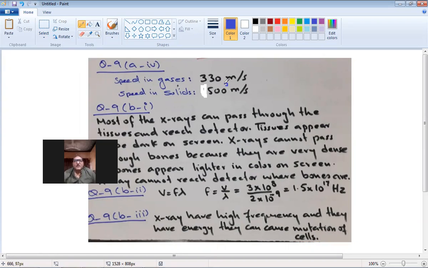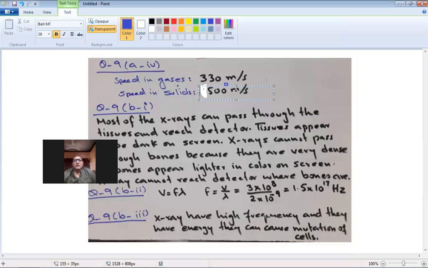To draw a 0 with the mouse is quite difficult. So it will be a second.